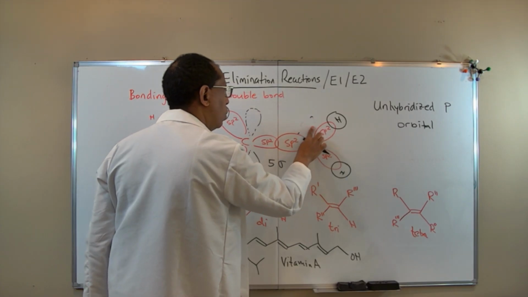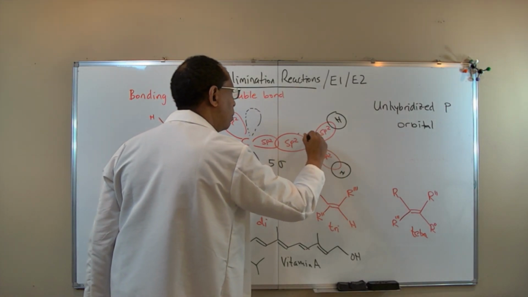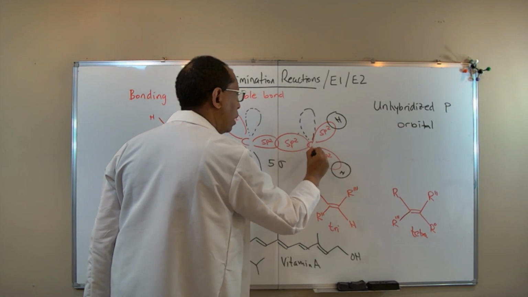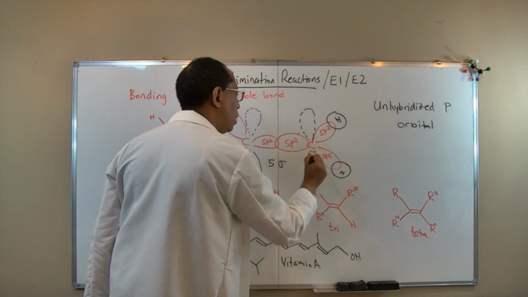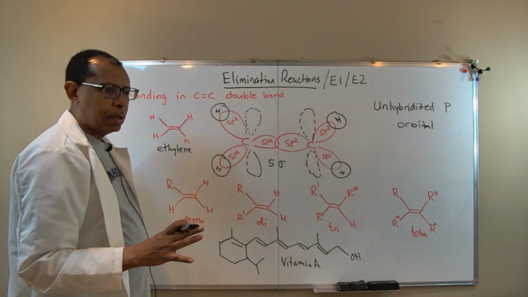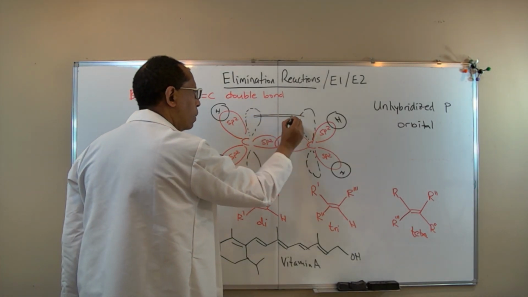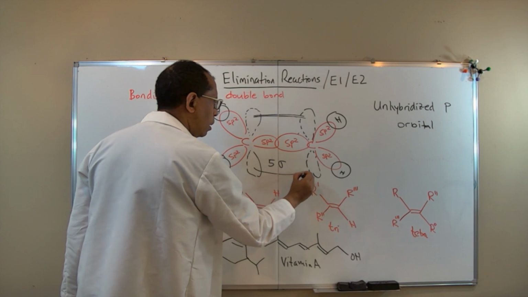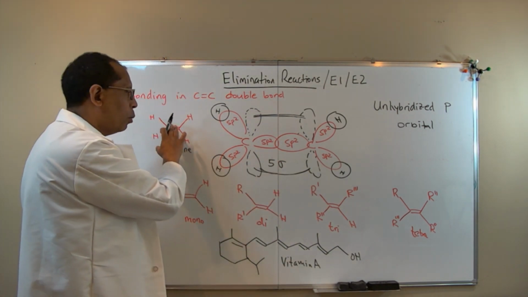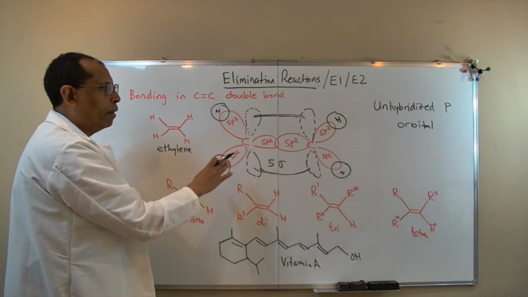So it will be just perpendicular to the plane of all the sp2s. So these are the p orbitals that make the pi bond. So the p interaction makes the pi bond. So there is only 1 pi bond and 5 sigma bonds.